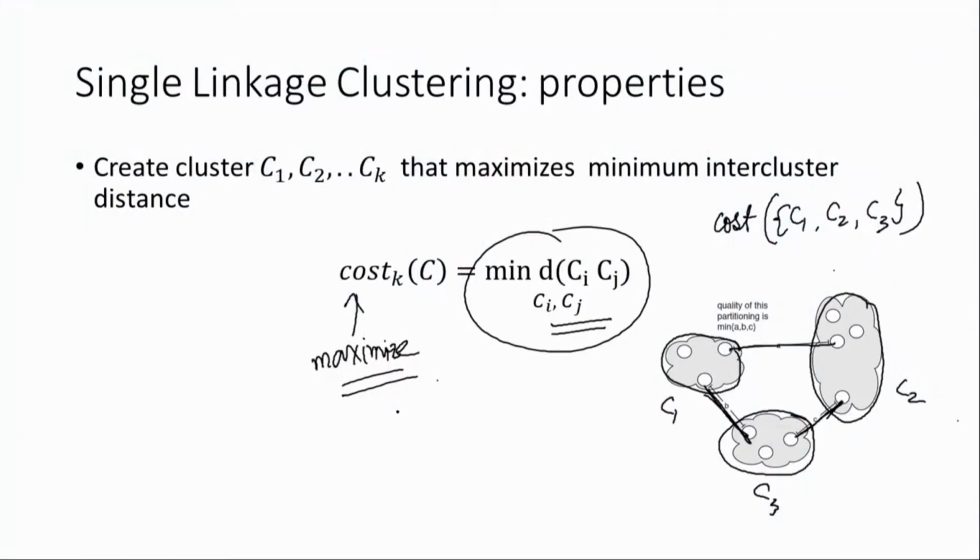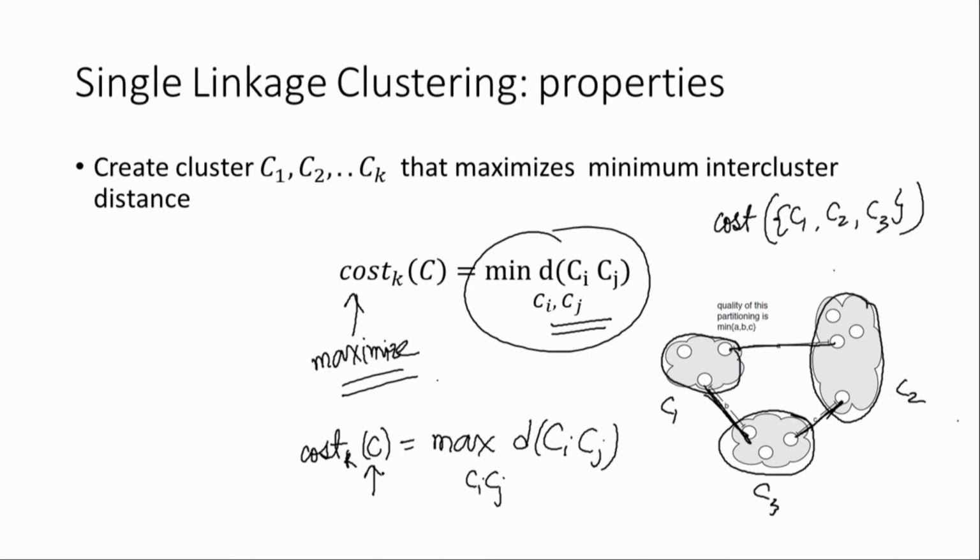Maximum of what distances? Between Ci and Cj? Because there are two things you have to do, right? Oh, I see. So you're saying the cost of C would be the max of? But this is the definition for one clustering.